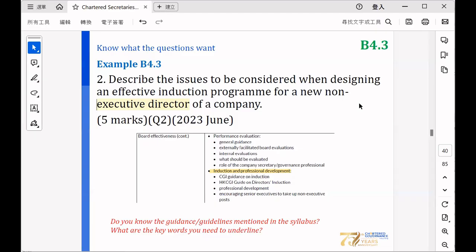And whether they are from the same business or not: if they are not from the same business, then you may need more induction or give more information. So what you need to do is consult the non-executive directors and see what they want, so that you can assess the needs and knowledge of these particular directors.